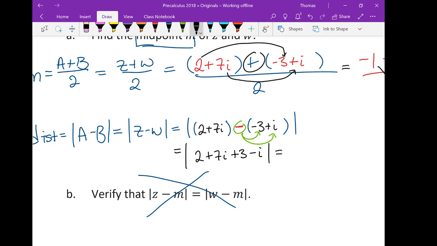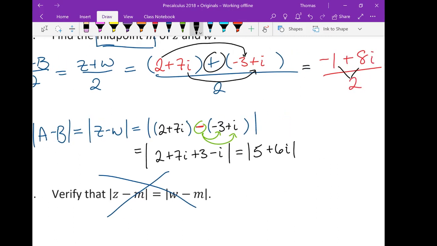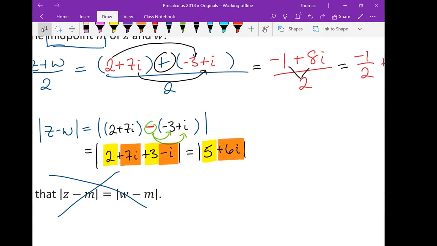All right, combine our terms, we get magnitude of 5 plus 6i. 2 and 3 gave us 5. And then 7i and negative i gave us positive 6i. Great. Now we're just finding the modulus of that complex number. We've done this quite a bit before.